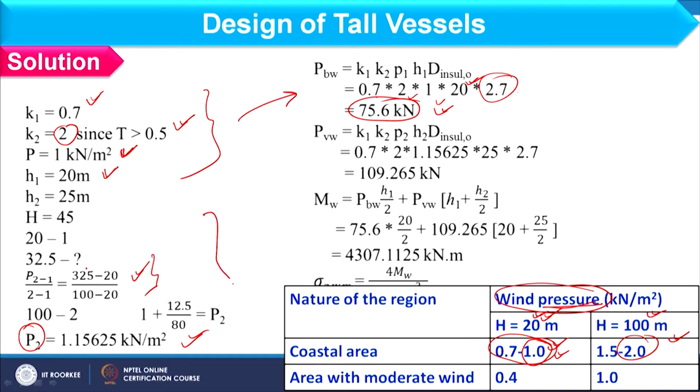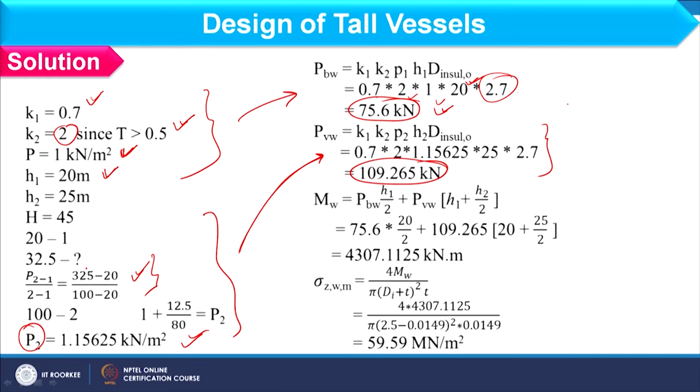So, considering all these values, we can find out the wind load at the upper section, and that should be 109.265 kilonewton. Okay. So, once I have P_BW and P_UW, this should be P_UW, right, we can find out the bending moment due to wind action, and this expression I can use.